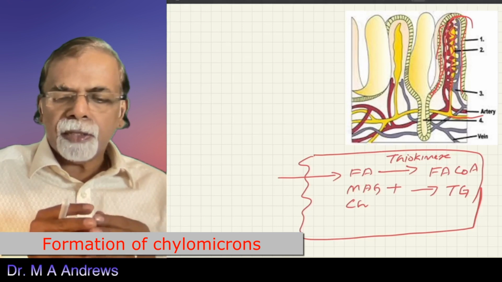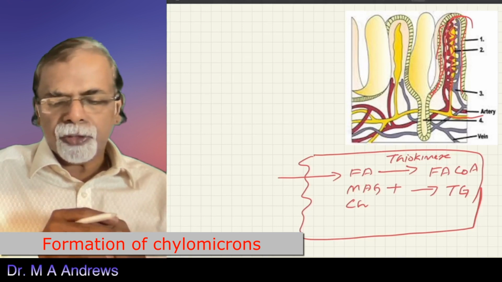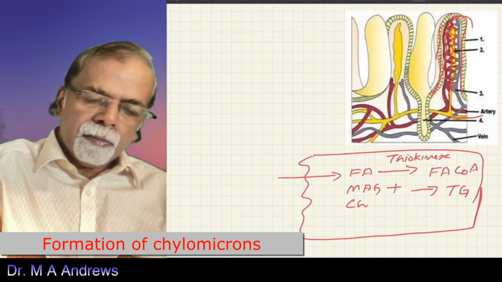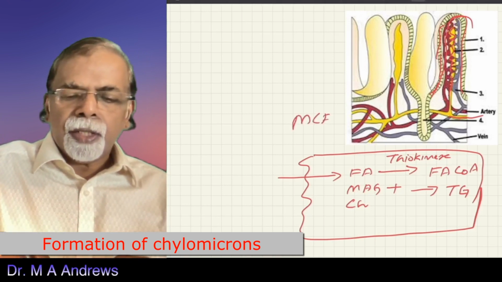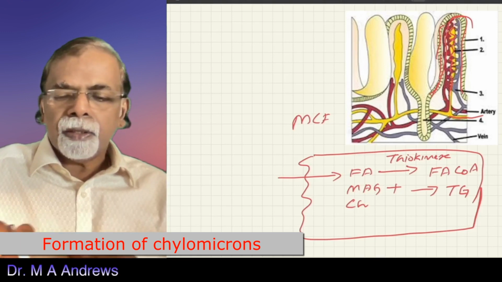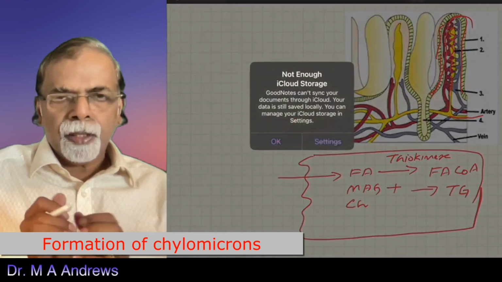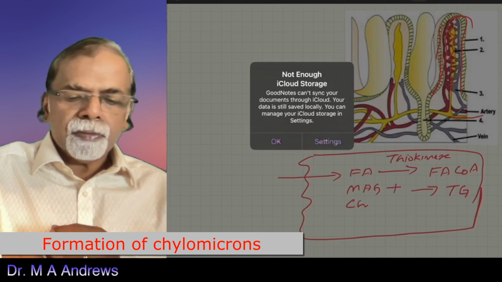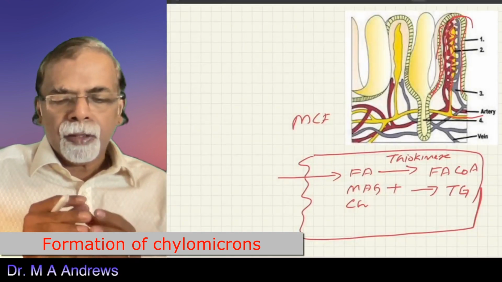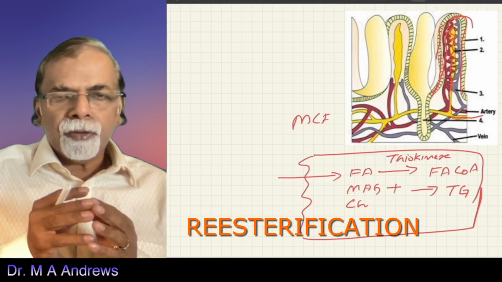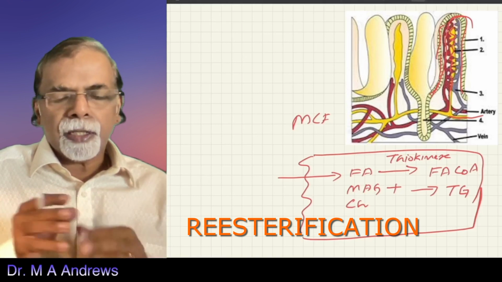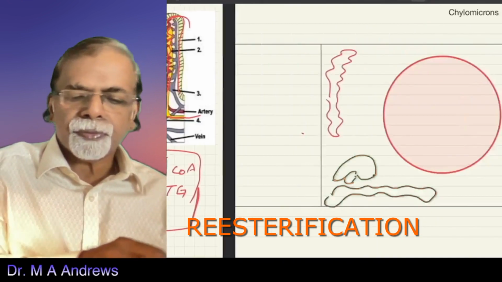Chylomicrons are large particles, so they cannot pass through the blood vessels. But the medium chain fatty acids can directly enter the blood vessels. Coconut oil is an example which contains some amount of medium chain fatty acids, so without digestion they can directly get absorbed.